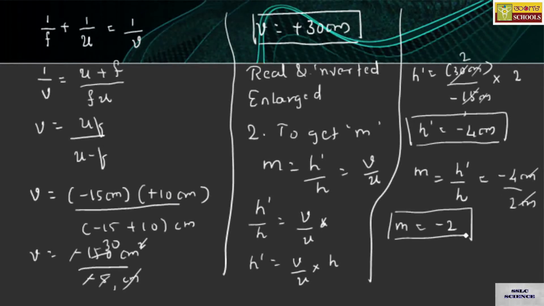So the magnification of 2 indicates that the image is double the size of the object. The minus indicates that h dash, the height of the image, is negative, therefore m is minus. Okay, so this is all about this second problem.